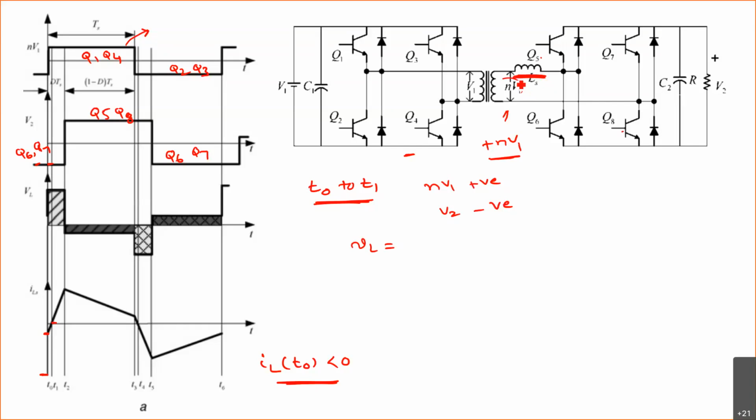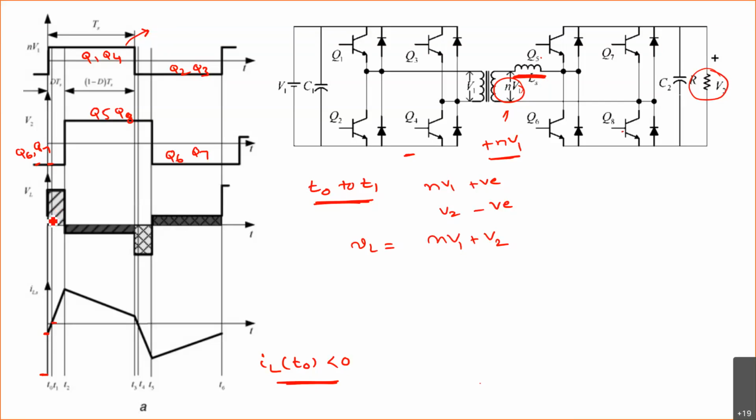So the voltage across the inductor VL is nV1 minus V2. It will be minus of minus, therefore nV1 plus V2. Agree?